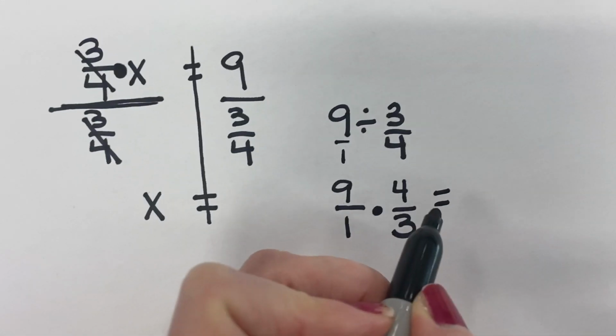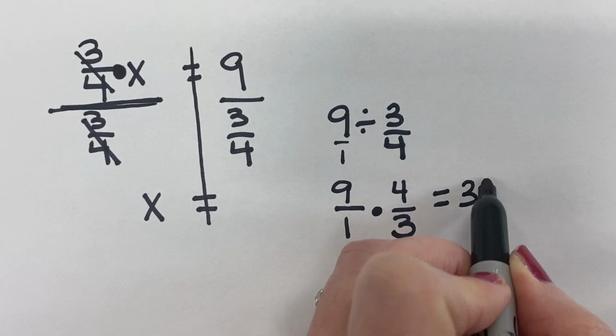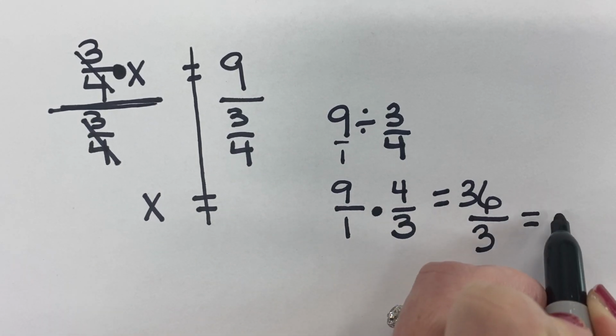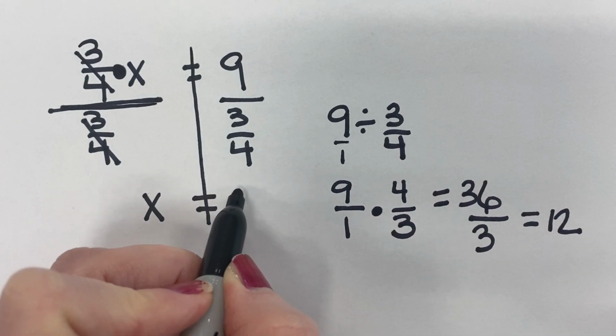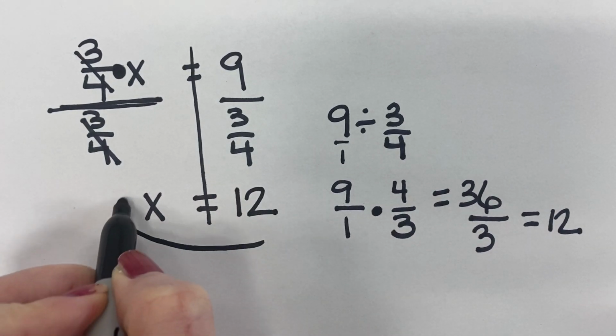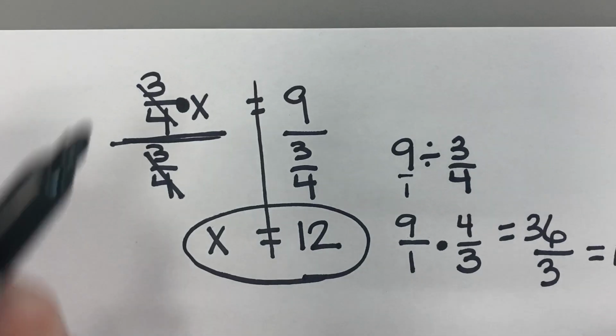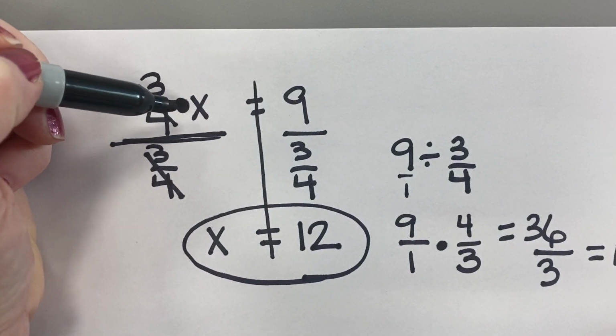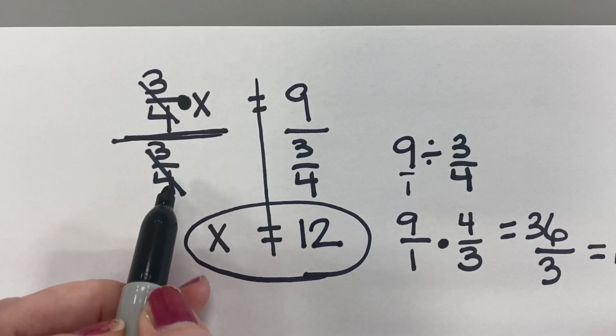And we can zip zap. 9 times 4 is 36. 1 times 3 is 3. And 36 divided by 3 is 12. So x will be 12. So you really have to look out for what's happening with the x. In this case, it was multiplication, so we got rid of it with division.